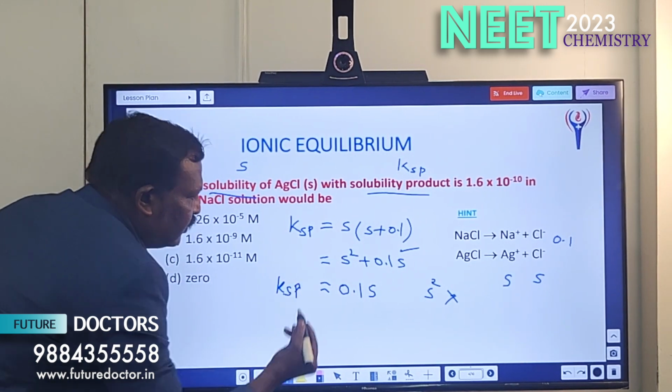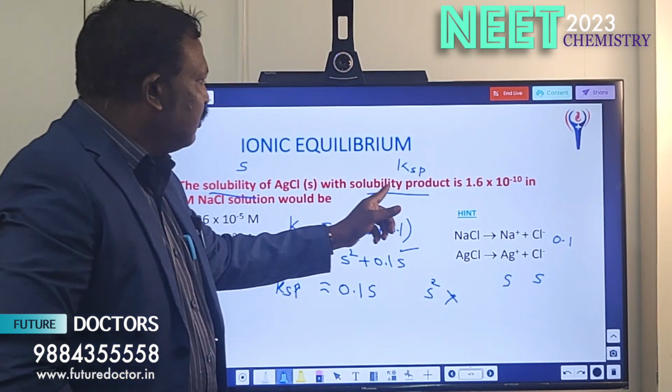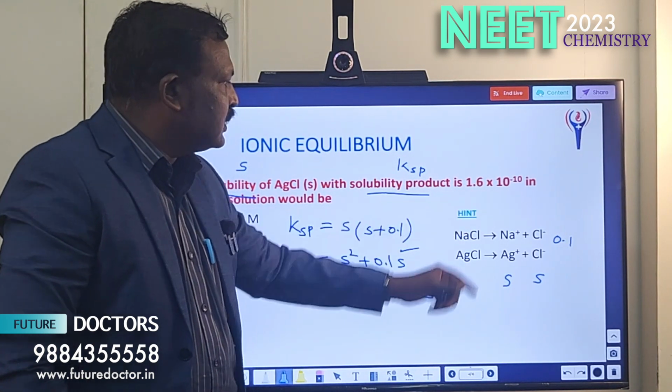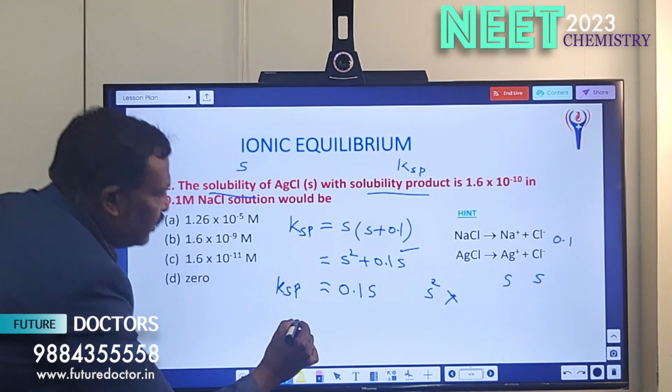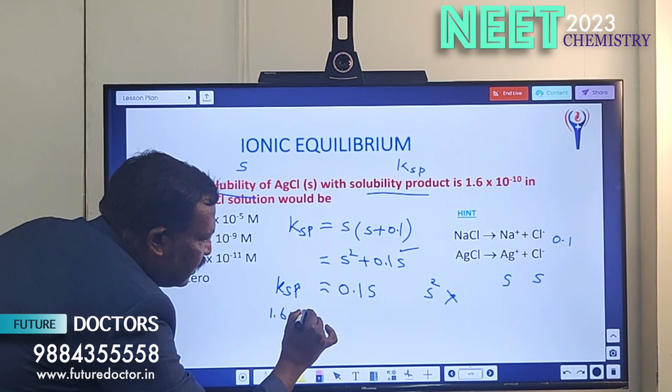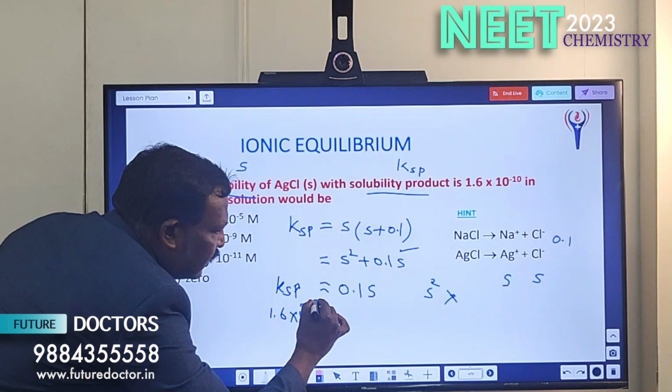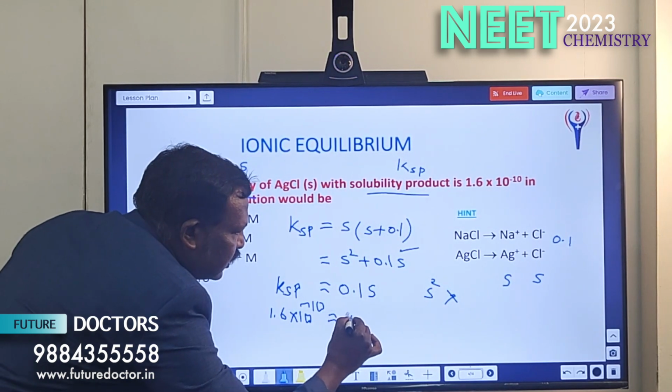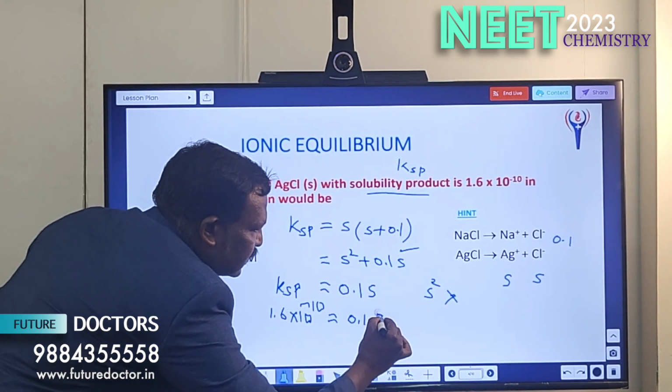Now see the question. The solubility product is how much? 1.6 into 10 power minus 10. So 1.6 into 10 power minus 10 is equal to S into 0.1.